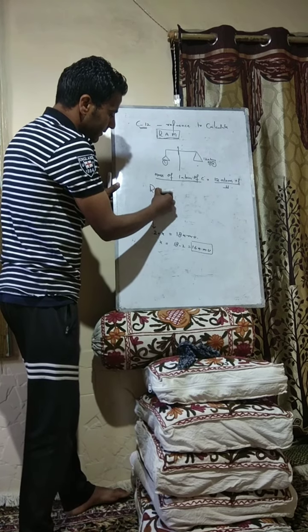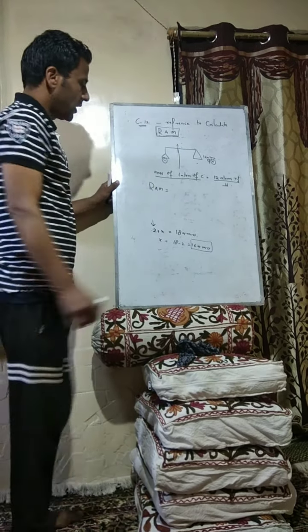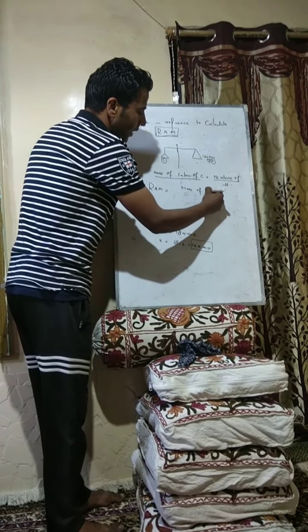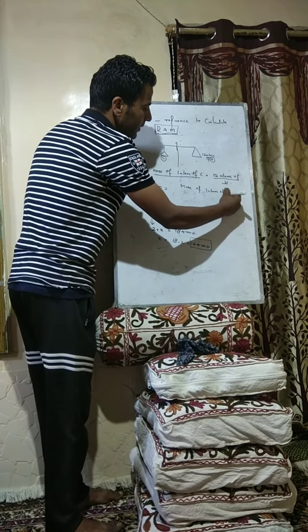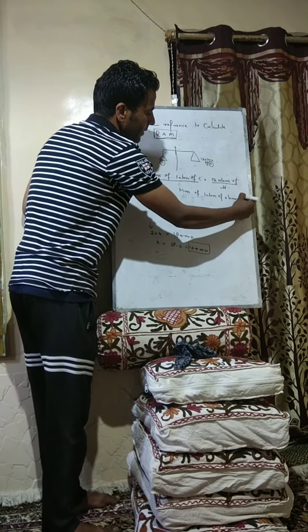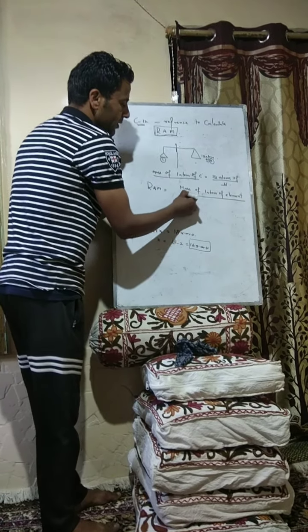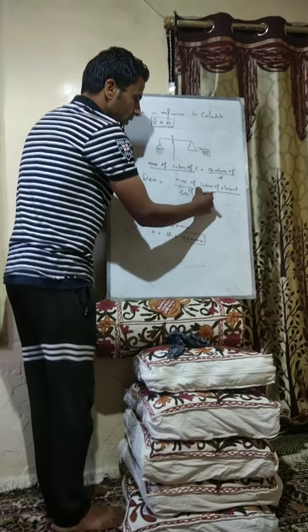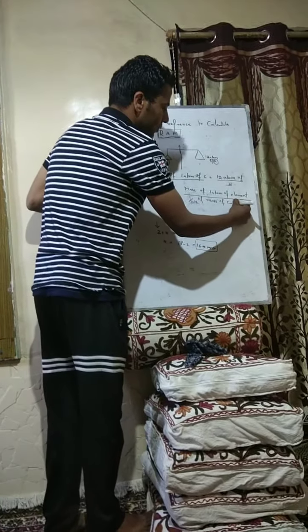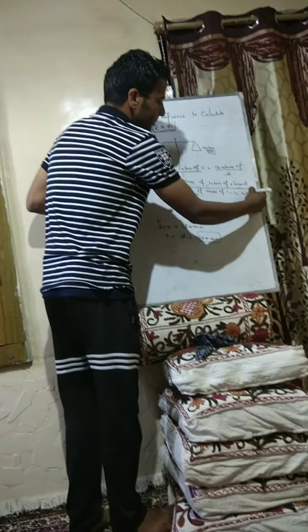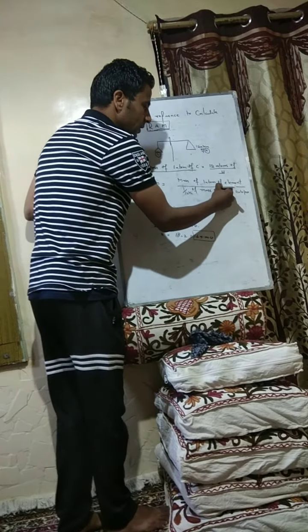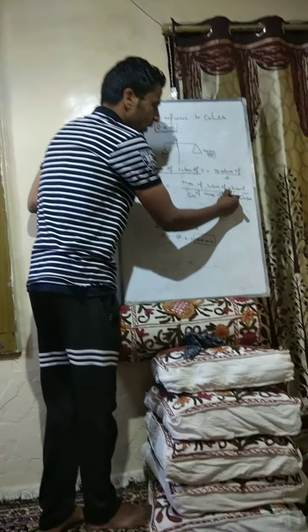Relative atomic mass can be calculated as the mass of one atom of the element divided by 1/12th of the mass of one atom of the carbon 12 isotope.